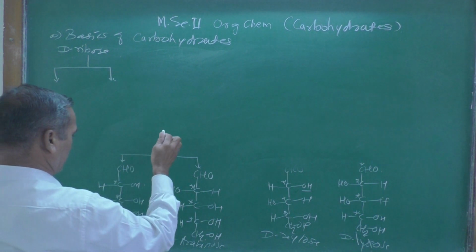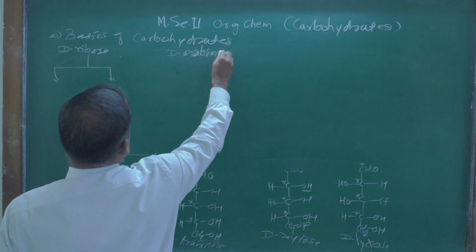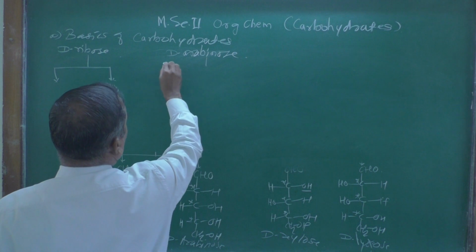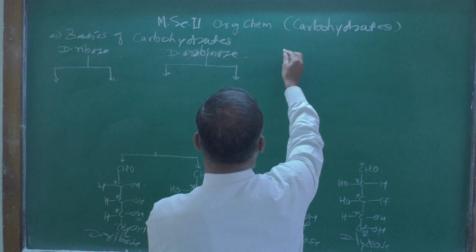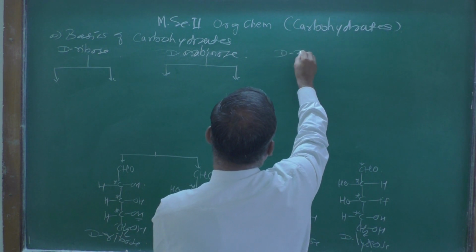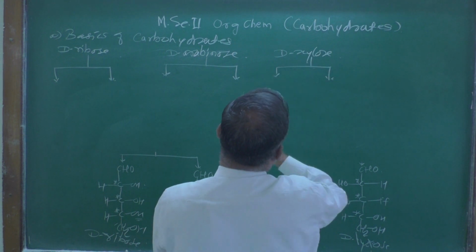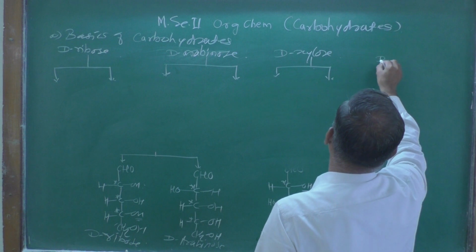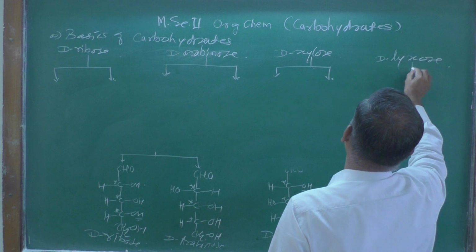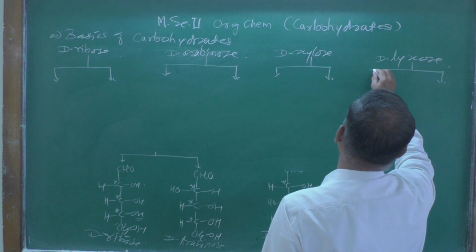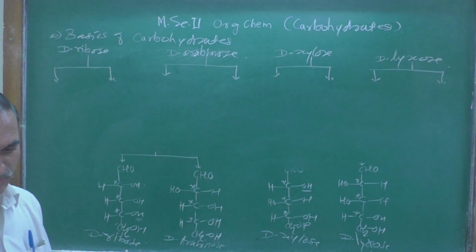After that D-arabinose, which again produces 2 structures. Then D-xylose will give you 2 structures like this, and D-lyxose will give you 2 structures. They are like this.